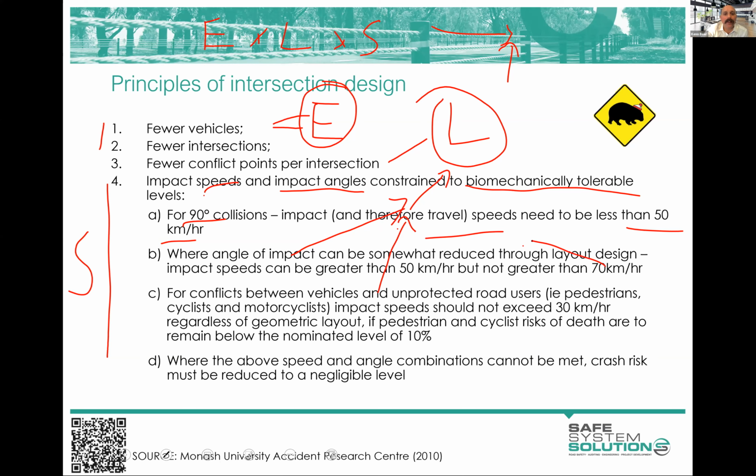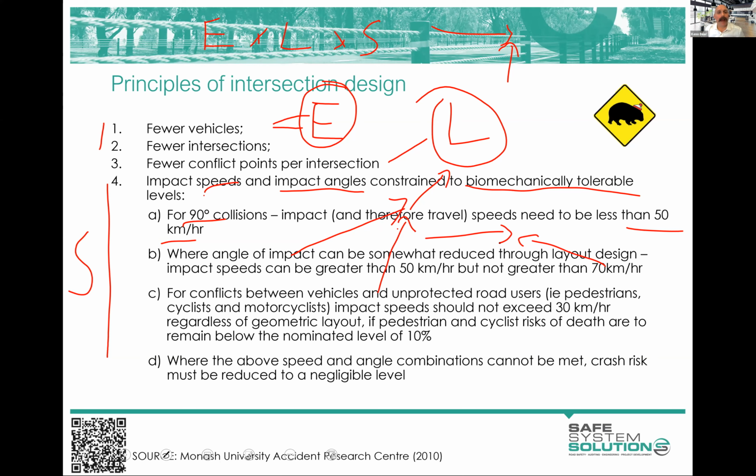And to a degree, more head on, we can handle a little higher speeds because that activates some of the critical safety features in passenger vehicles, being crumple zones, airbags, seatbelts. They're all a frontal crash severity mitigation technique. They all come into play in that crash.